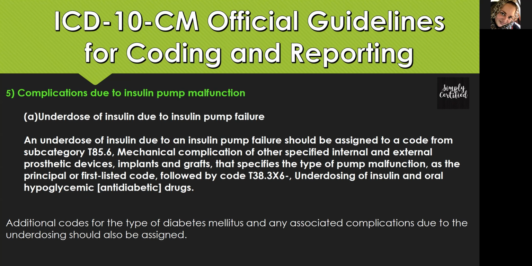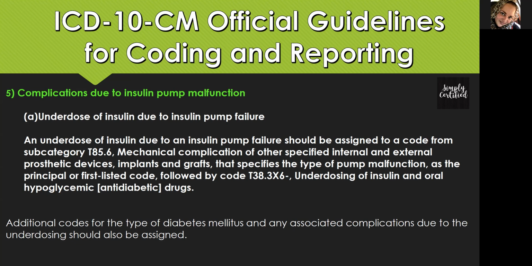So when you have an underdose of insulin due to an insulin pump failure, you should assign a code from subcategory T85.6. And that subcategory is for a mechanical complication of other specified internal and external prosthetic devices, implants, and grafts.